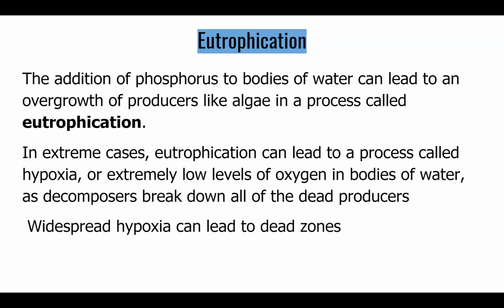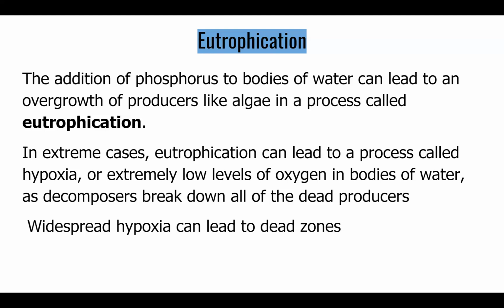lots of phosphorus. This leads to lots of producers. This is usually algae. If we've got a lot of producers living, a lot of those producers are going to die. So we've got lots of dead algae, because only so much can grow at one time.